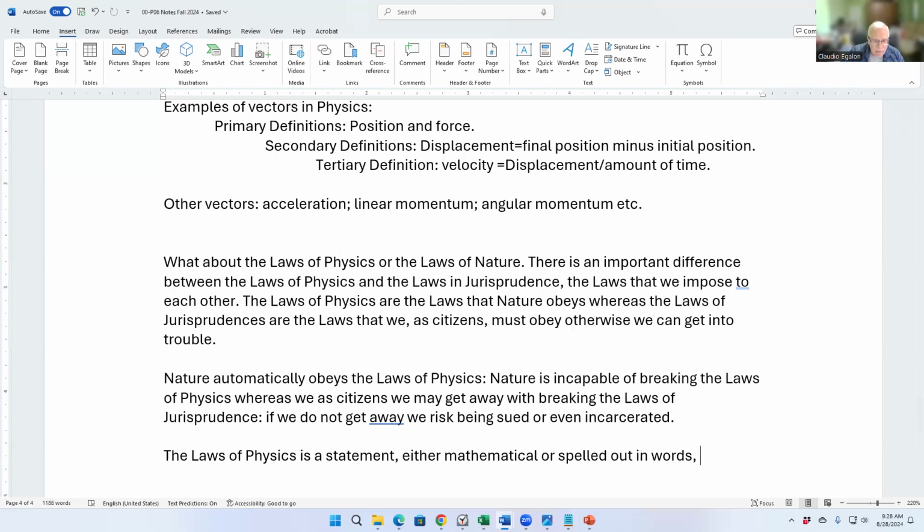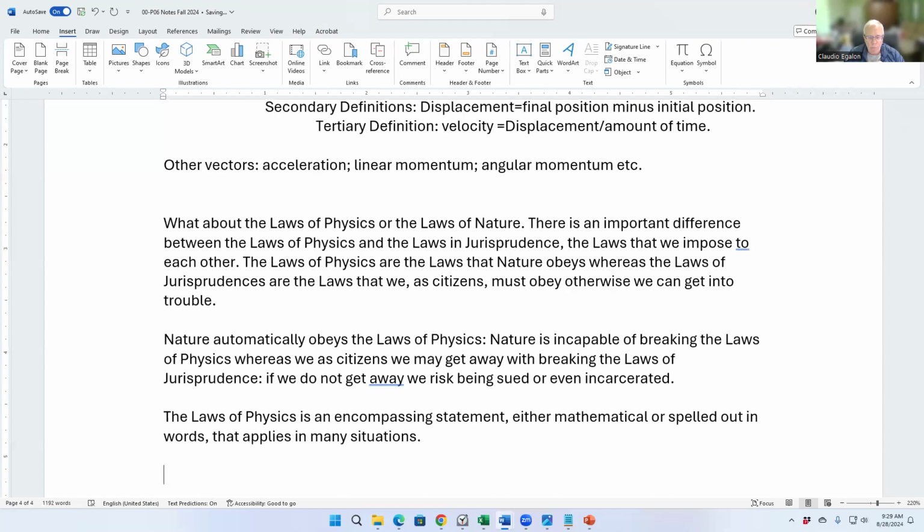It is an encompassing statement that applies in many situations. That's how we build physics. There are very few laws of physics.